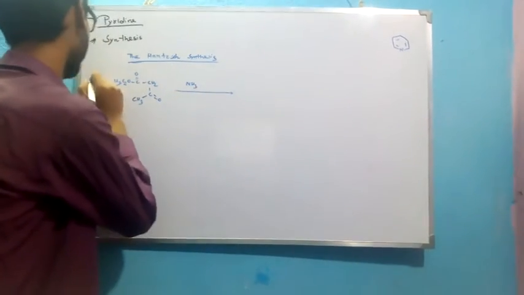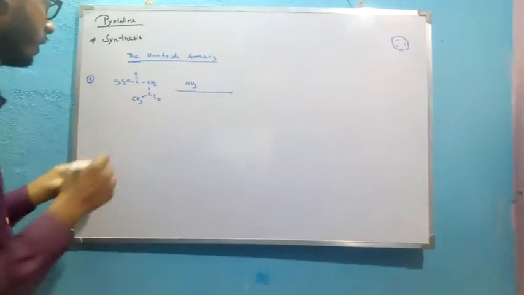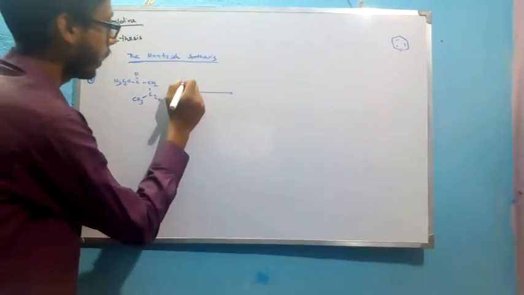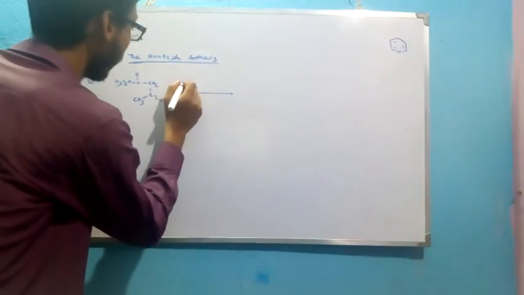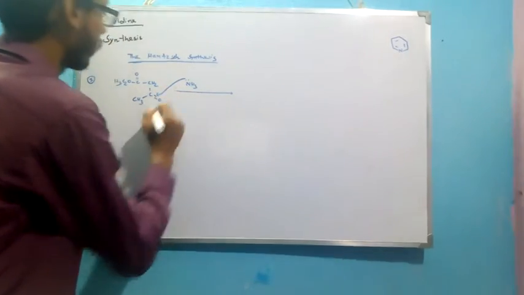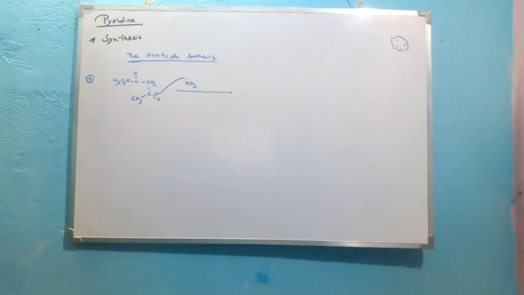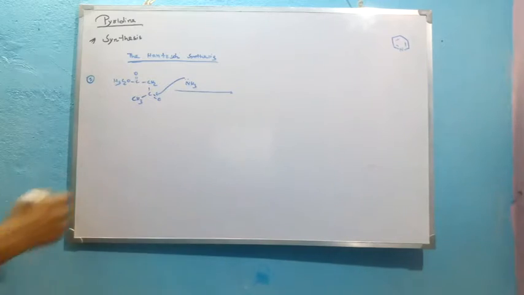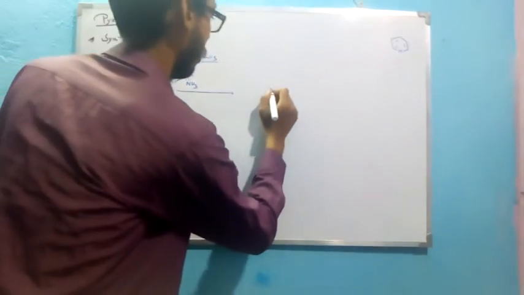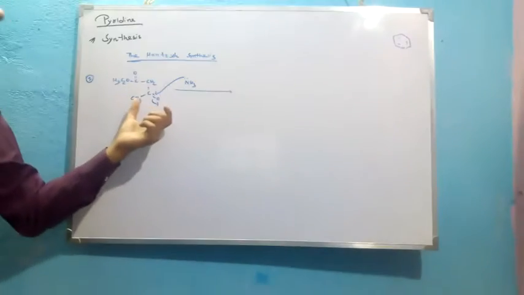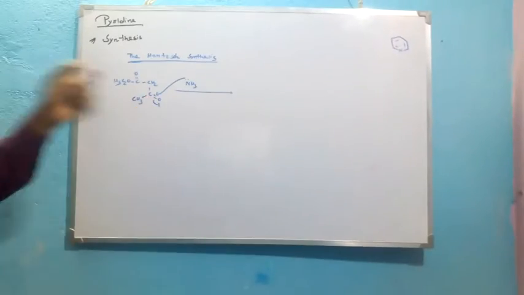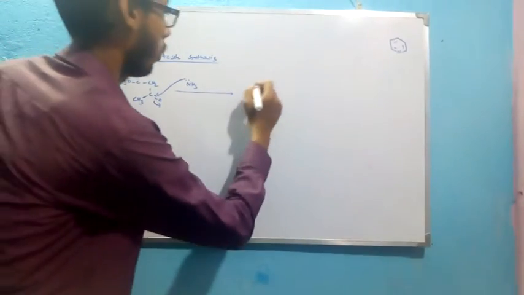So this is known as step 1. What happens here is that the lone pair of ammonia easily reacts with the carbonyl group and produces a compound containing the amino group at the beta position.